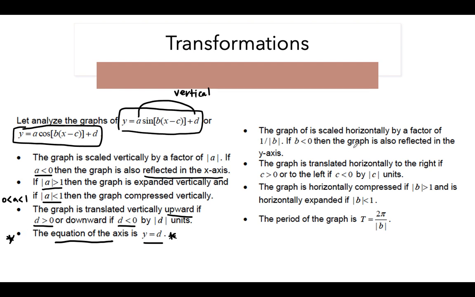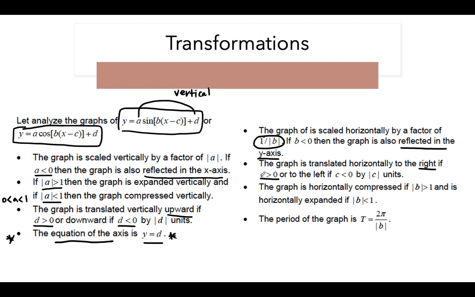Next, let's take a look at what's inside the function, B. For B, you always have to take the reciprocal, so you're going to flip it. Now, if B is less than 0, then we say it's a horizontal reflection through the y-axis. Now, if C is greater than 0, it's moving to the right.